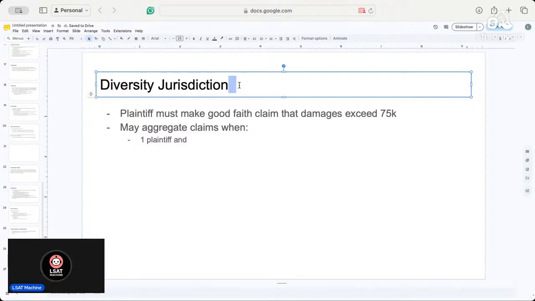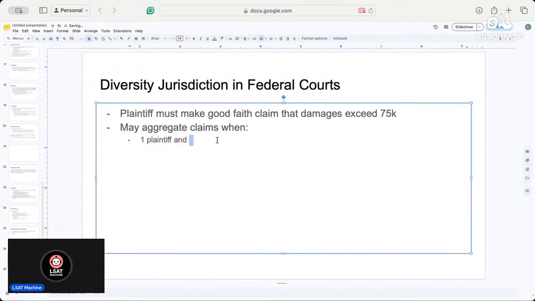And this is to get into federal courts. So you have to have over $75,000. You have to be from different states. You have to have one plaintiff. So you can aggregate the claims as one plaintiff and one defendant.